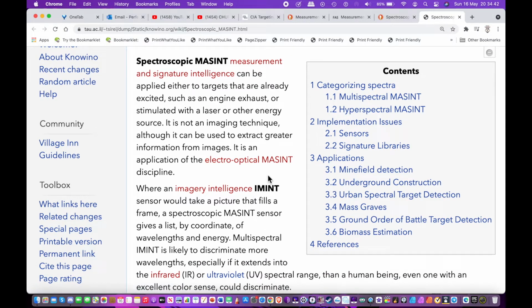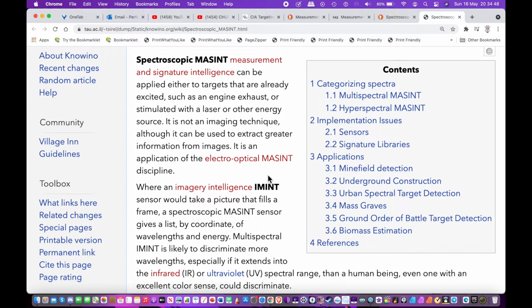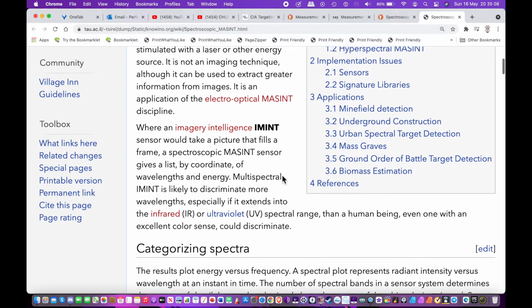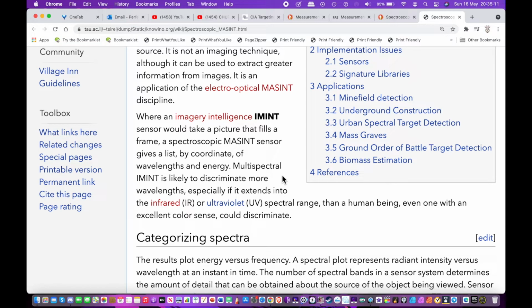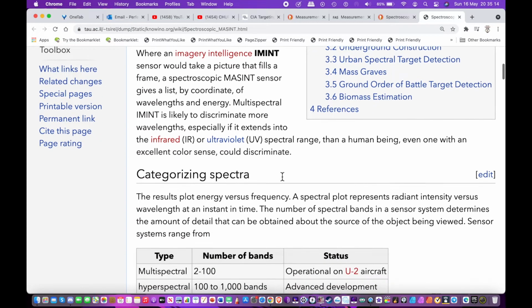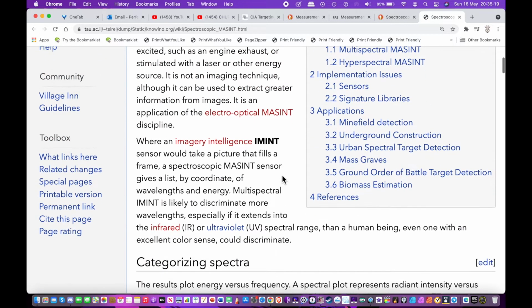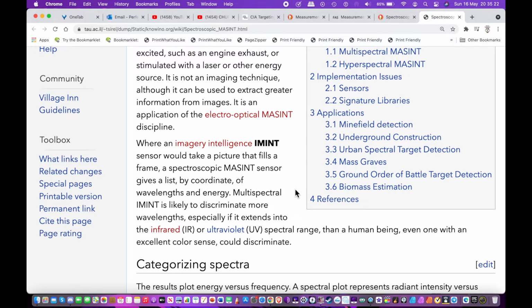It is an application of the electro-optic MASINT discipline, where an imagery intelligence image sensor would take a photo that fills a frame. A spectroscopic MASINT sensor gives a list by coordinate of wavelength and energy. Oh, so this is kind of like when you're looking for nuclear weapons and stuff, or some kind of weaponry that is like, okay.